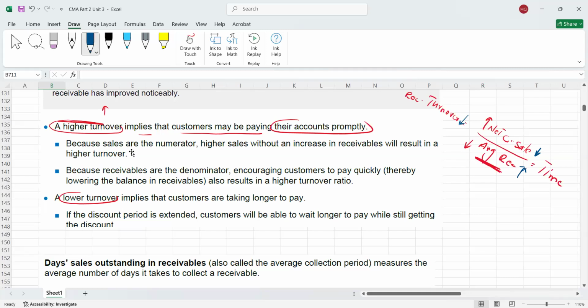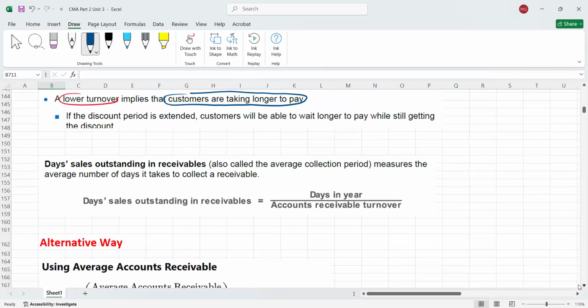And if the turnover ratio is lower, it implies that customers are taking longer to pay, or we are not converting our receivables into cash quickly. That's what it means. Lower turnover.